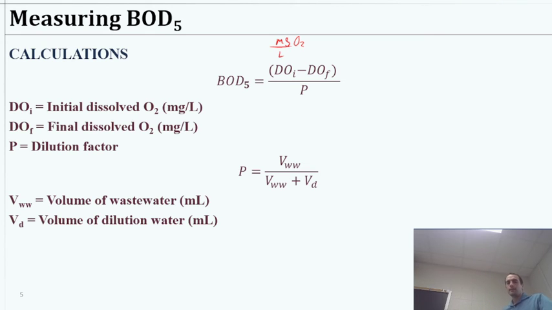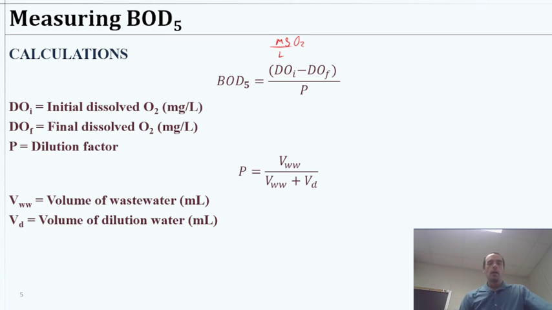In a way, the whole BOD term is similar to how we were describing hardness as CaCO3. We're describing bacteria food as O2, or more specifically as dissolved oxygen, right?